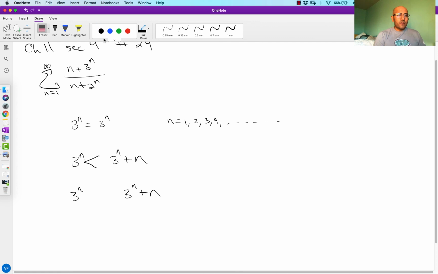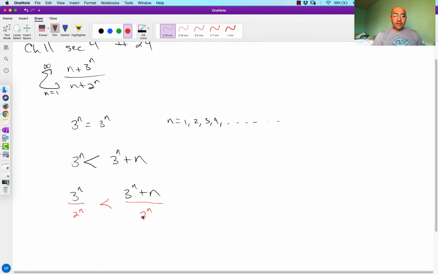So this one's the larger one, and let's say for a second that I divide them by the same thing. If I divide them both by the same quantity, say 2 to the n, then I maintain this inequality, right? As long as they're both positive. The only way that the direction of the inequality would change is if I was dividing both of them by a negative number. But I'm dividing them both by the same thing, so this is maintained.